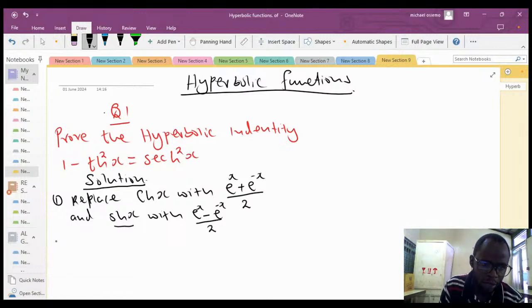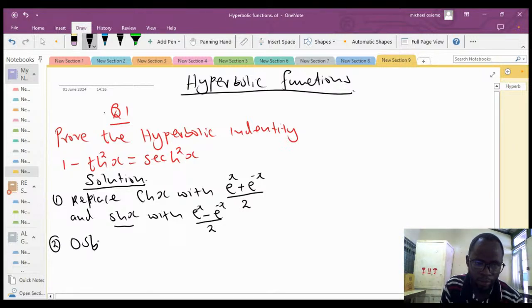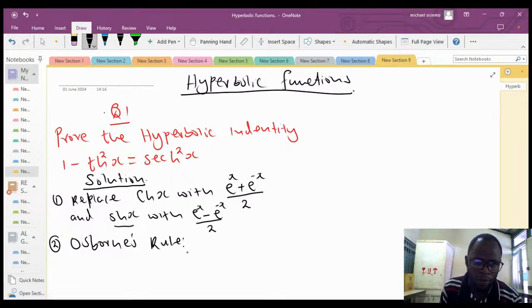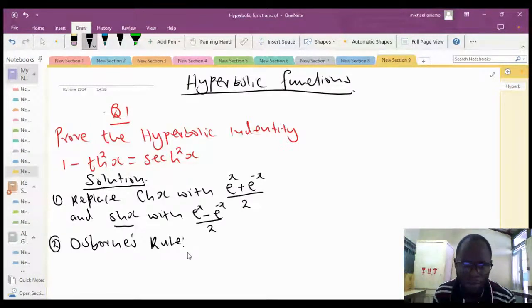The second method that we have is by use of Osborn's rule. Osborn's rule simply states that for every trigonometric identity or trigonometric ratio, there is a corresponding hyperbolic identity, and therefore you can substitute them.